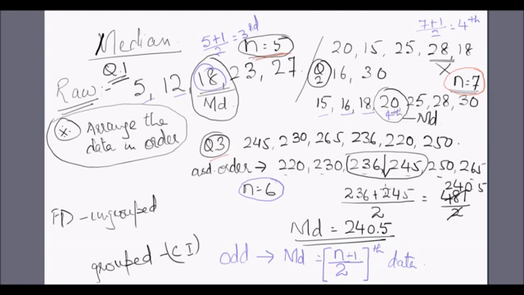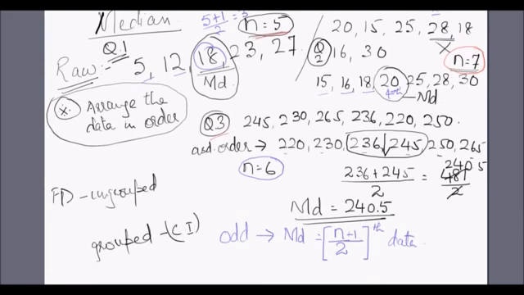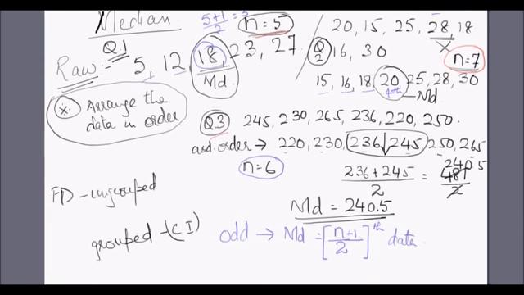Whereas in case of an even number, well, this is the symbol for median, like how for mean it was x with a bar at the top, here it's M with a small d.